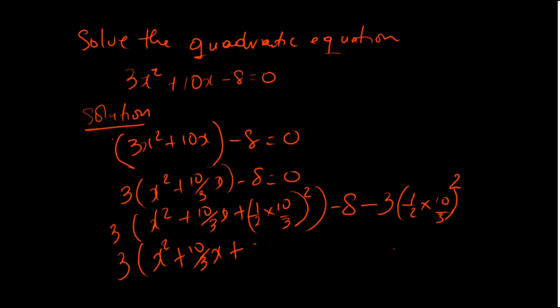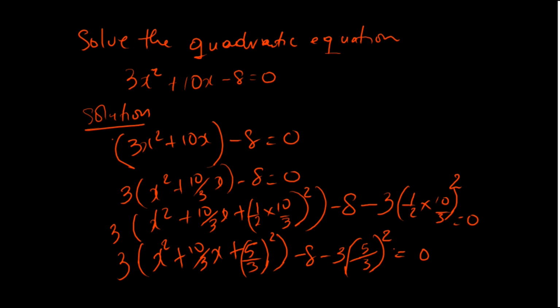We're going to have half times 10 over 3, that gives us 5 over 3 squared, minus 8 minus 3 times 5 over 3 squared. Let's clean it up a little bit more. I keep forgetting to put my equal to 0, equal to 0.